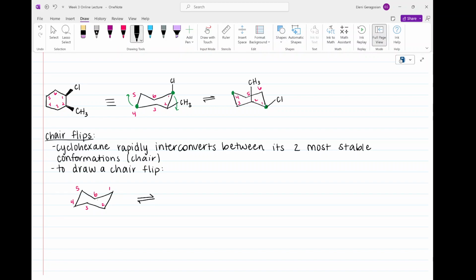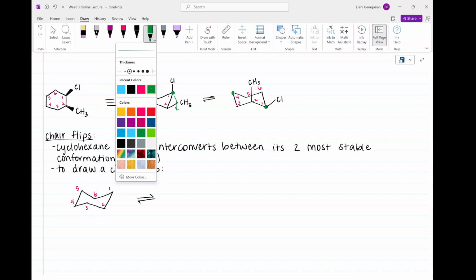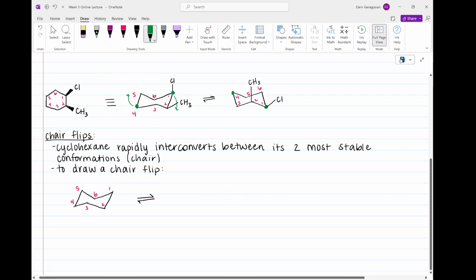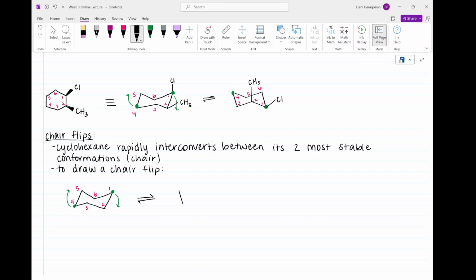So I mentioned, and I'll draw the same thing, where if we're doing a chair flip, starting from this conformation, what I've labeled as carbon 1, which is top right, the bonds can be twisted, so that becomes the bottom right atom. Carbon 4 twists up to become the top left atom. And so that results in the outside angles being angled to the left.